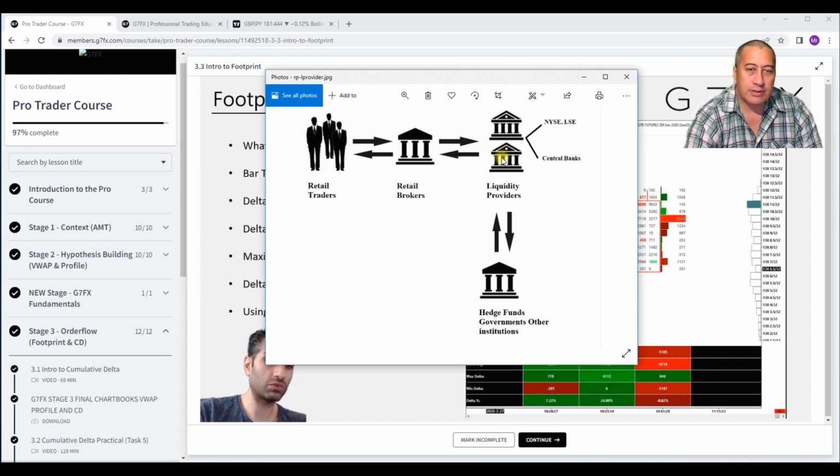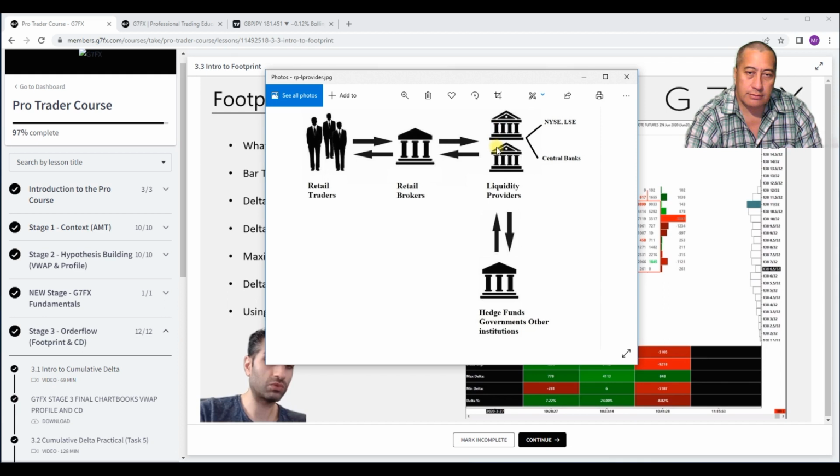And normally what happens is there is a disclosure agreement. So normally if you were to ask your retail broker which liquidity provider they're sending your orders through, they don't normally tell you, because they have a disclosure agreement between that liquidity provider and themselves. All right.